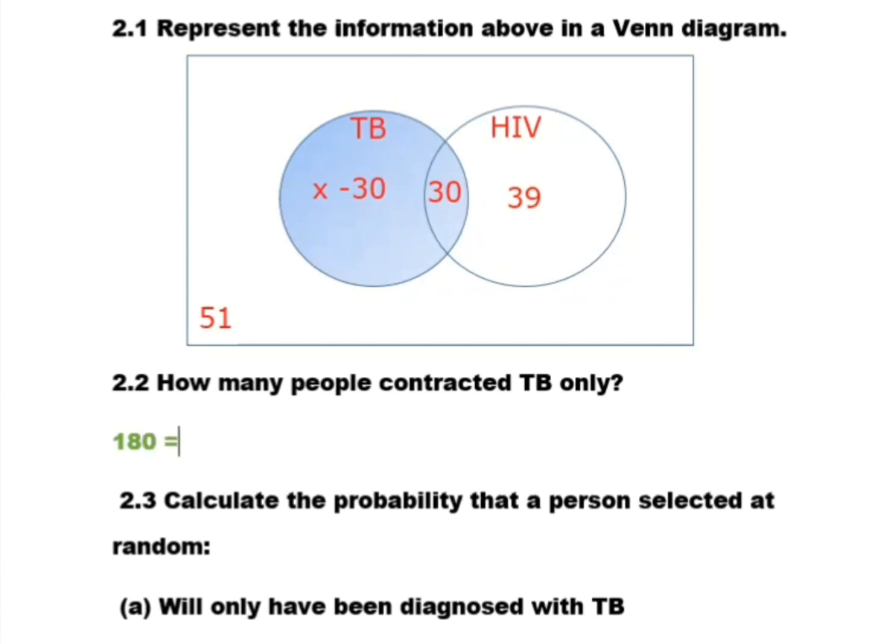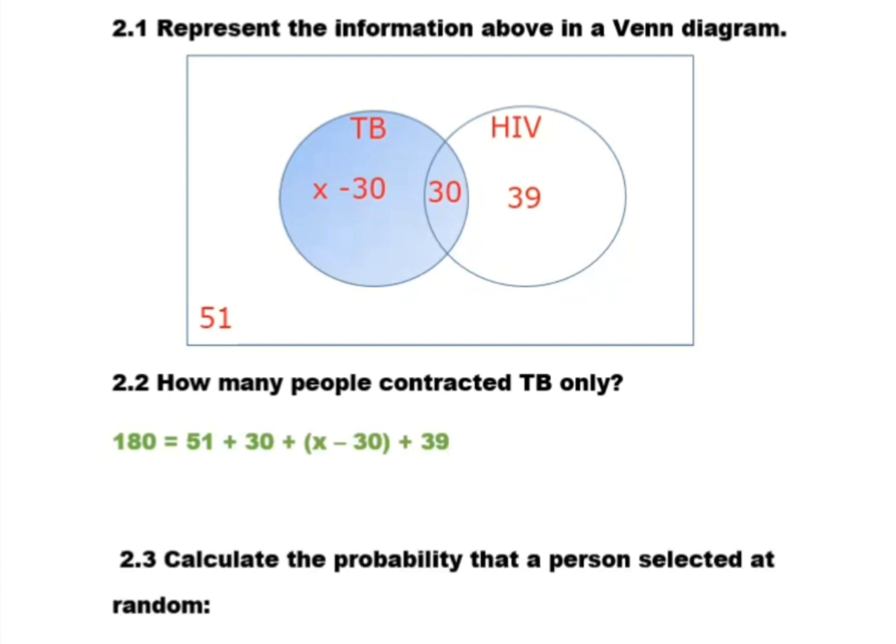Of those 180 people, 51 of them don't have TB or HIV. 30 of them have both TB and HIV, plus X minus 30 of them only have TB. And then 39 of them only have HIV.